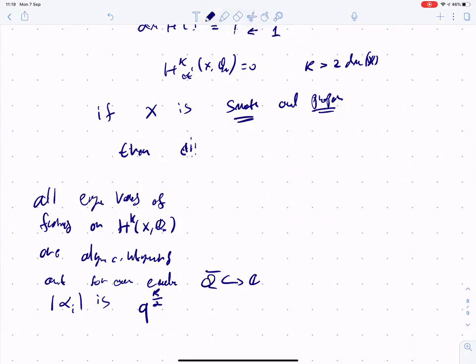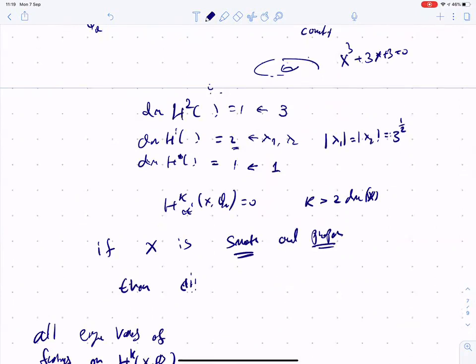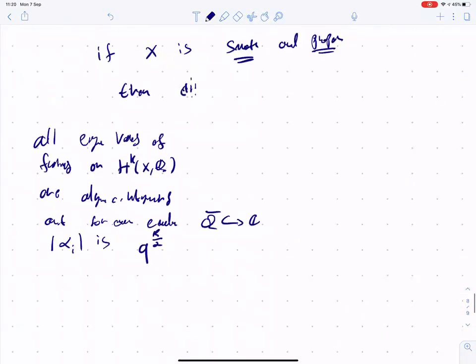Okay, so what do we learn? In the smooth and proper case, and soon I'm going to say something in the more general case, we get that those alphas and betas are always algebraic integers such that the square of their absolute complex norm is the same for every embedding.